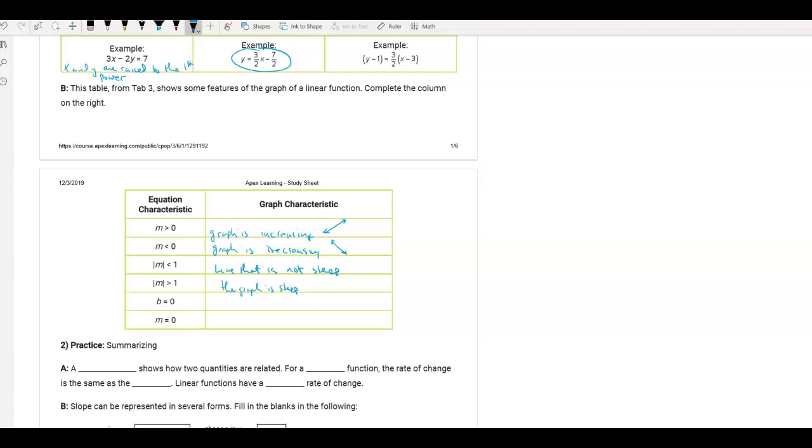If b equals 0, right, that means the graph goes through the origin, meaning the point 0, 0. So that would look like this, where your y-intercept is the origin. If m is equal to 0, that means you have a horizontal line. Because if you're not walking uphill or downhill, your slope is 0.